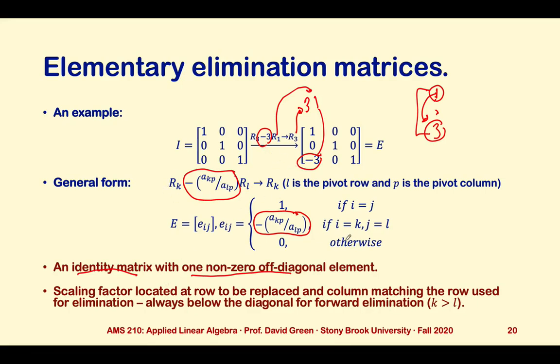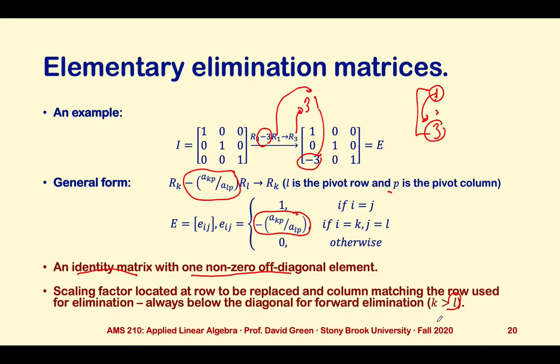Now, this is true for any elimination step of this form. When we're dealing with forward elimination, our pivots are always above our target rows. We're always moving from the top to the bottom. And what that means is that the pivot row l has to be less than the target row. Right?